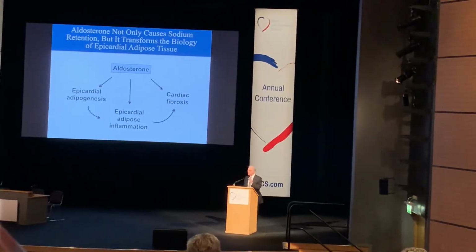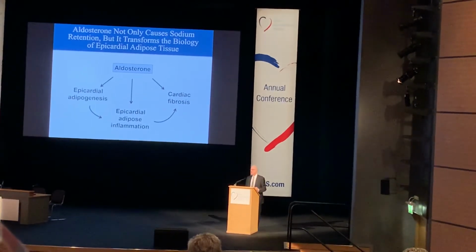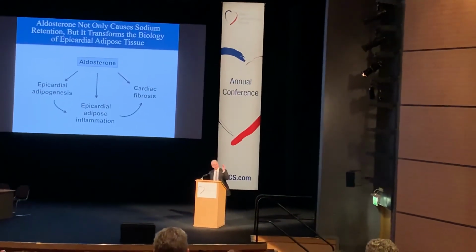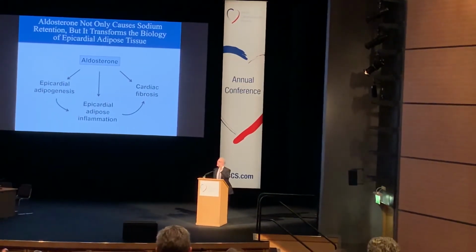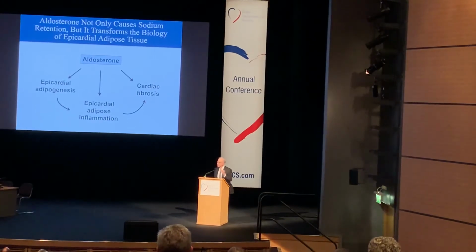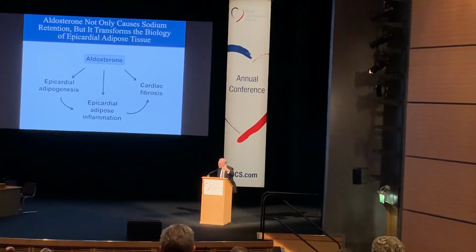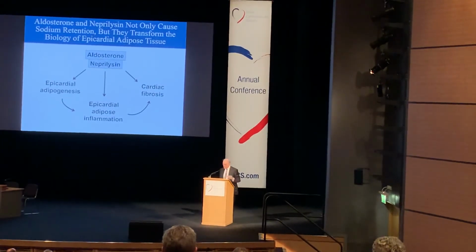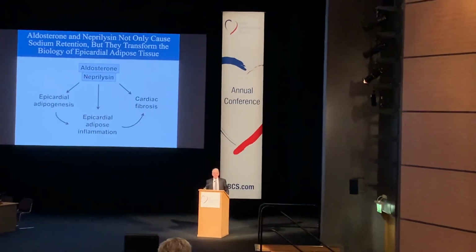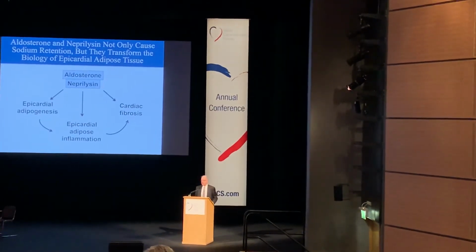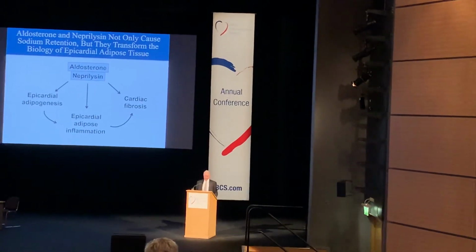It's not just the increase in aldosterone, it's the loss of the counteracting effects of natriuretic peptides. Normally, natriuretic peptides would oppose the action of aldosterone, but that can't happen if you have increased levels and increased activity of neprilysin.